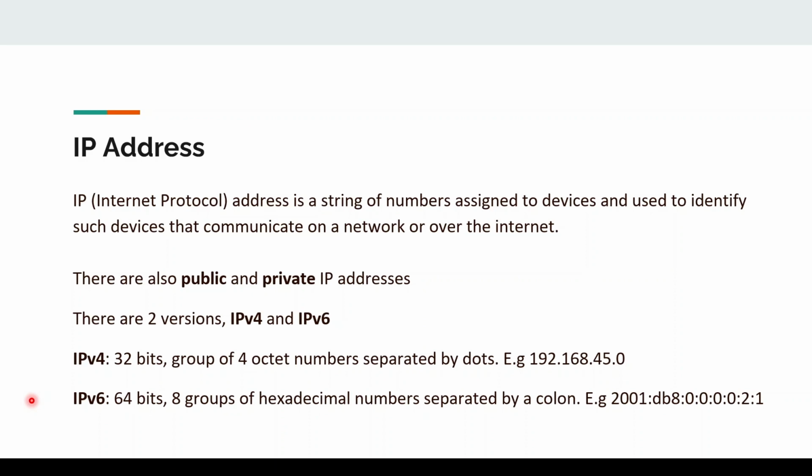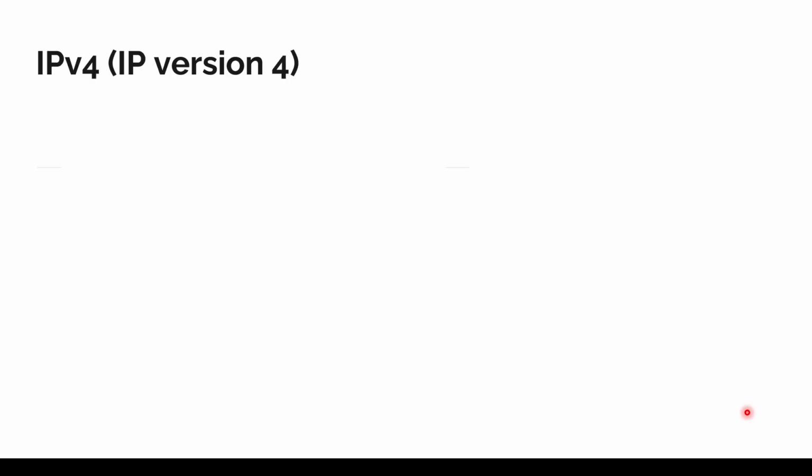All together, you have 32 bits, as you can see by this example here. Then the IP version 6 is a 64-bit architecture. So you have 8 groups of hexadecimal numbers that are separated by a colon. For example, you have an example provided here. Okay, so we'll be focusing on IP version 4 for this subnetting because that is what is usually used.